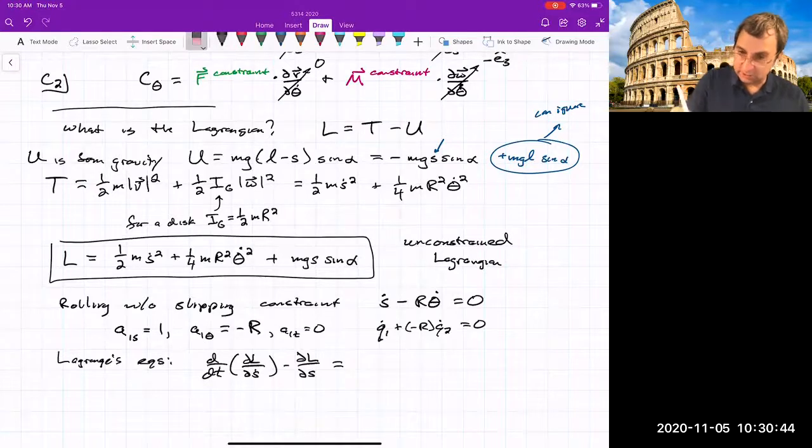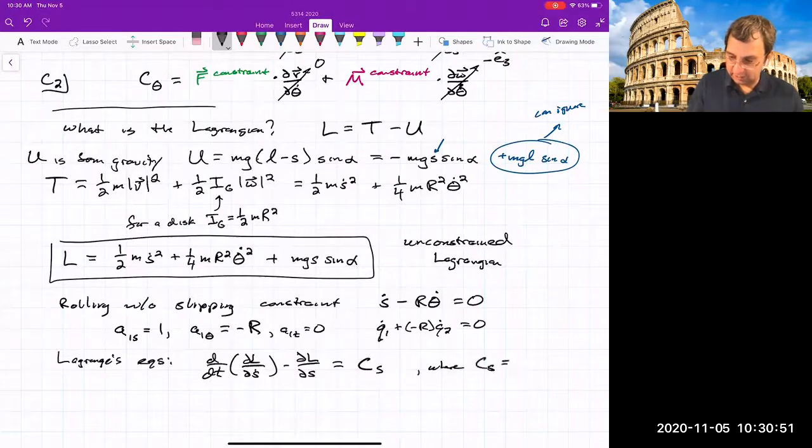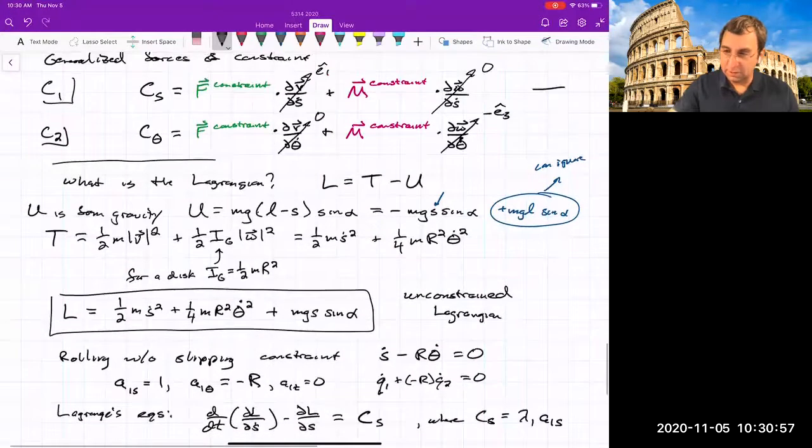I guess we could write this way as well. We'll write this as Cs, where Cs is lambda 1 A1s. And we've already computed up here what Cs is in terms of force of constraint and moments of constraint, and same for C theta.